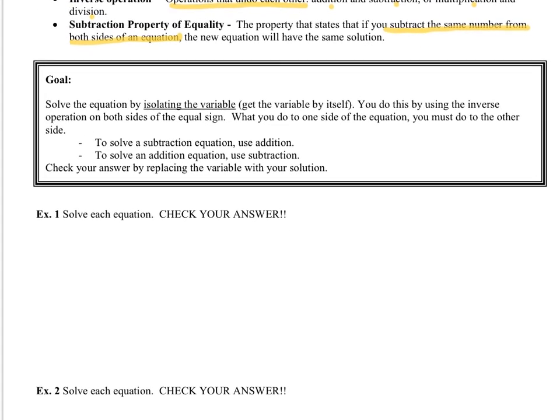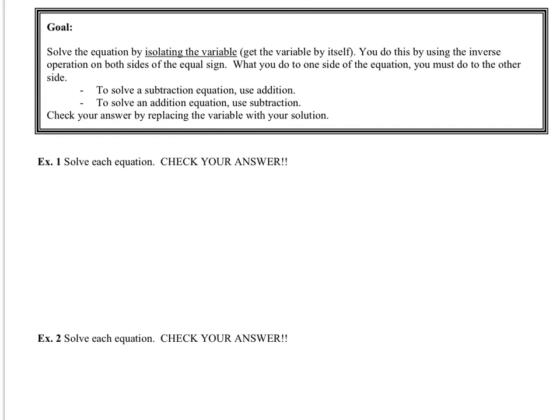All right, sliding down to the goals. You have one main goal when you are solving an equation. There's one thing you're trying to do, and that is to isolate the variable. Isolating that variable is our goal, which in essence means we're trying to get the variable by itself.